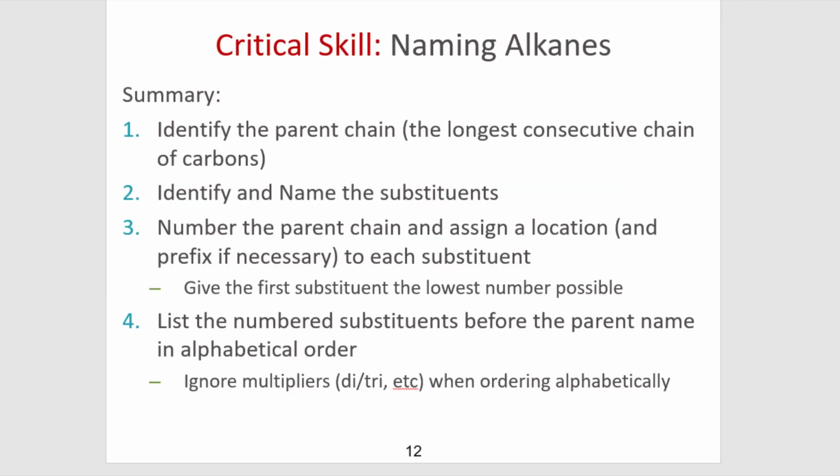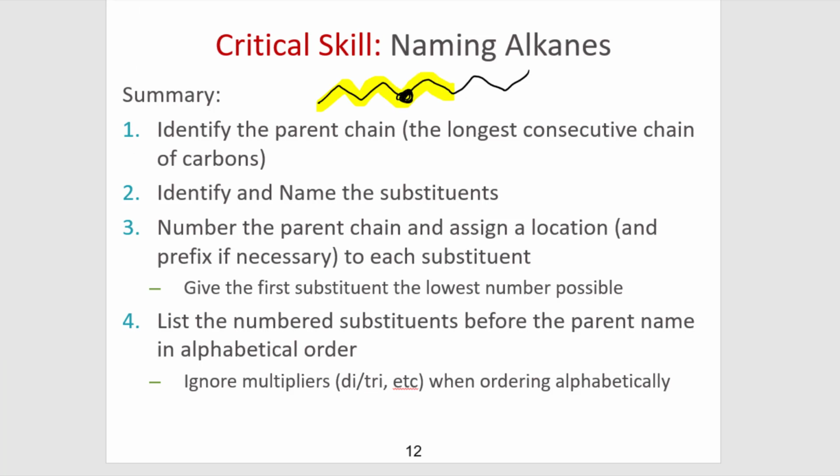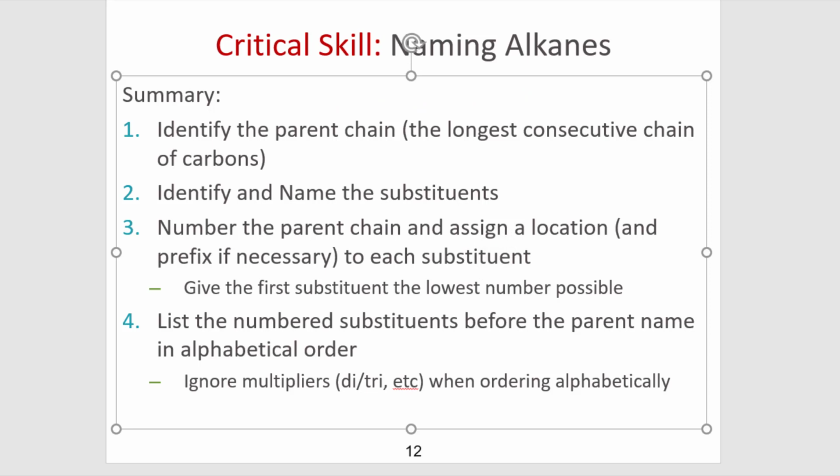So to summarize, you're going to identify the parent chain, the longest consecutive carbon chain. I want you to understand that if you have a really long chain and there's an oxygen all of a sudden, that is a break of the chain. You can't go through the oxygen to name the longest parent chain. It has to be all carbons, hydrocarbons.